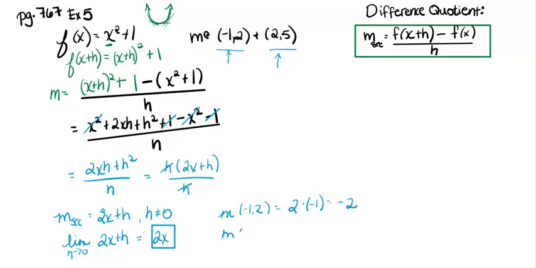And the slope at the point 2, 5 on this parabola is 2 times the x value of 2, which is equal to 4. So I can find the slope at any point on this graph by using the formula 2x that I derived using the difference quotient.